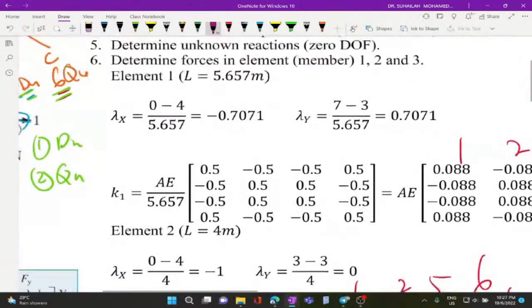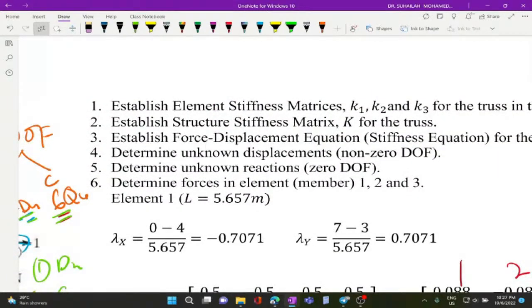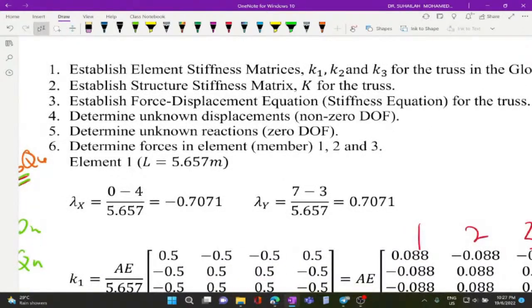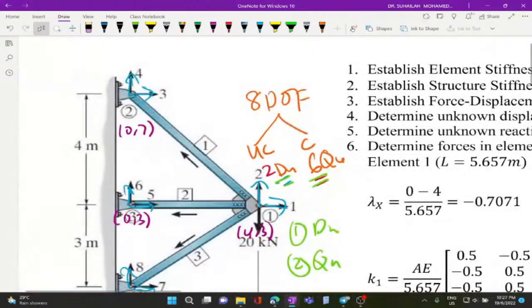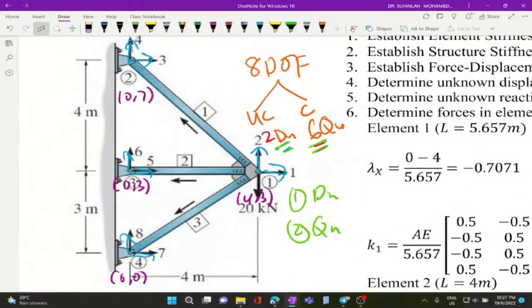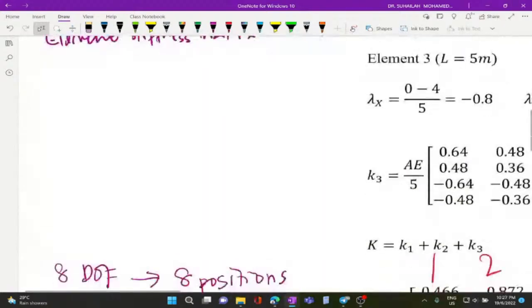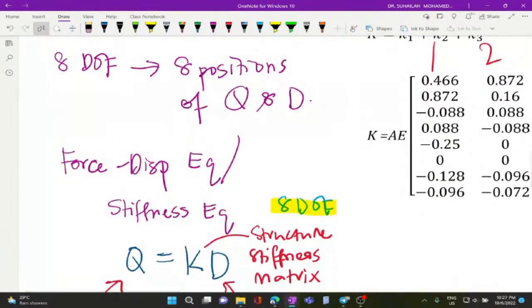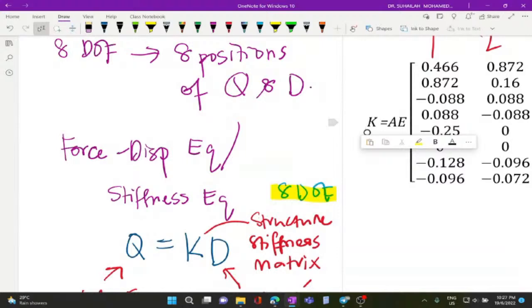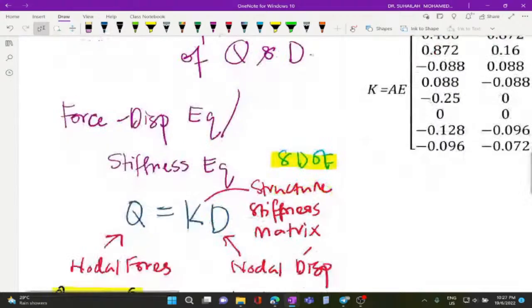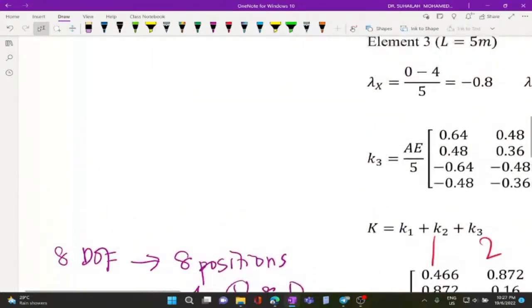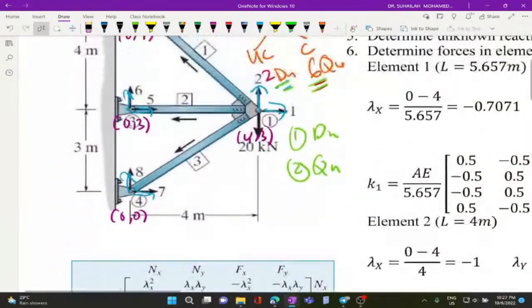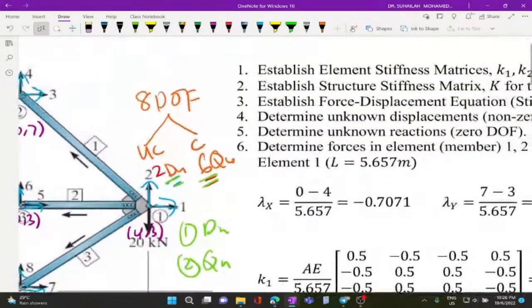Okay, so we go one step at a time. I have actually covered this example before, under part A and part B. Under part A, I explained the concept, the five important things that need to be fulfilled in the diagram, the 8 degrees of freedom, the unknown displacement, the unknown reaction, and the force-displacement equation. That was in the part A video, followed by the part B video.